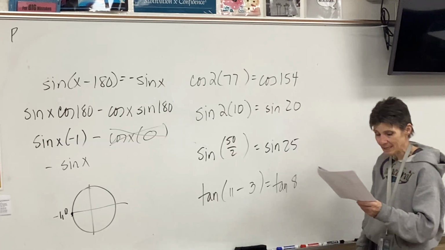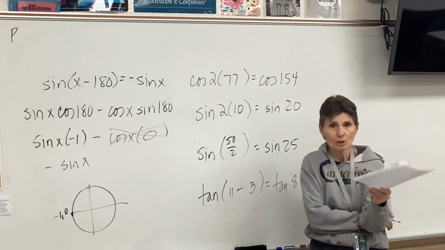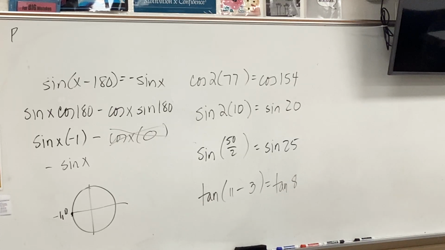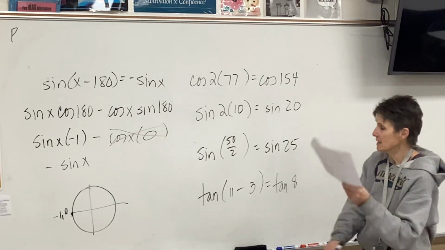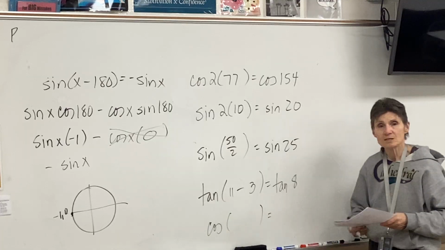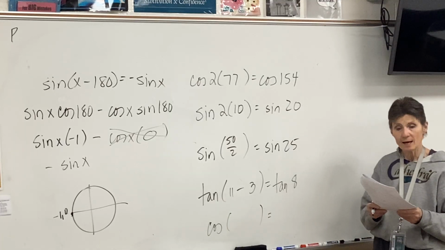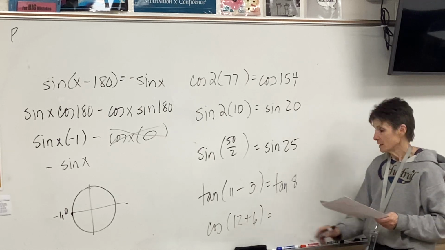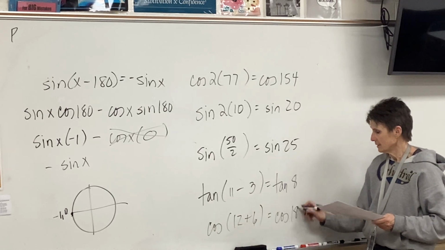And finally, the last one, cosine minus sine. Cosine minus sine is a cosine formula, and it's the formula for the cosine of u plus v. So that's the cosine of 18.